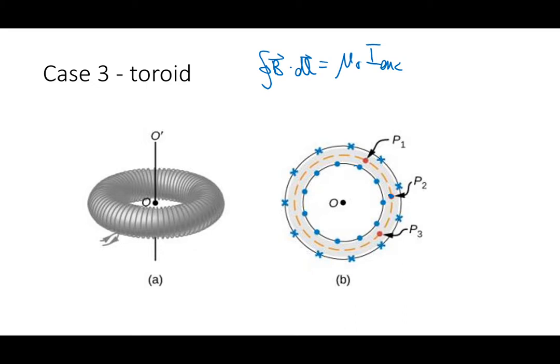And because it's like a solenoid, we expect the magnetic field to go tangent to the circle, traveling in this circular loop inside.